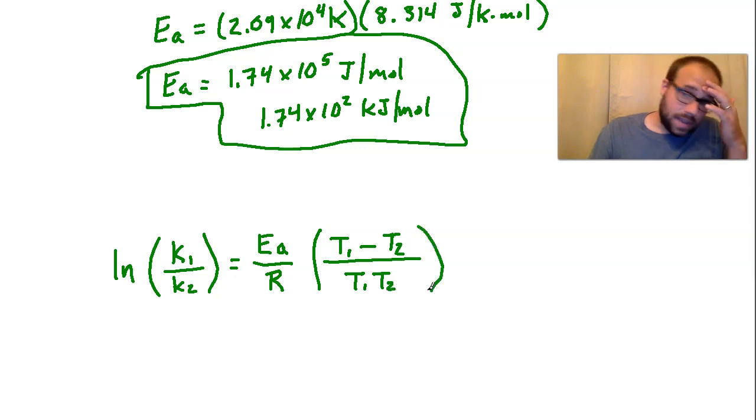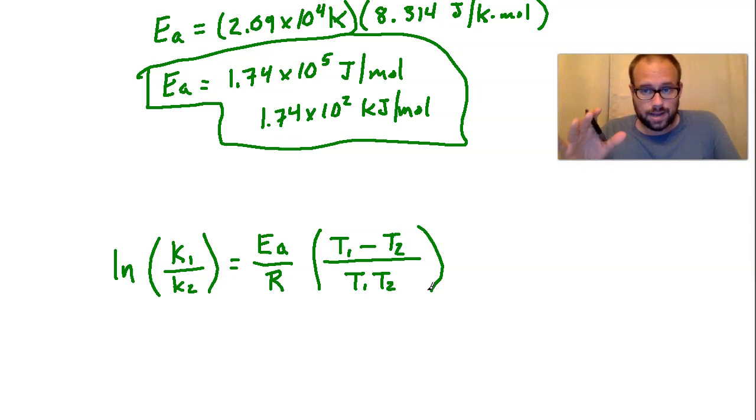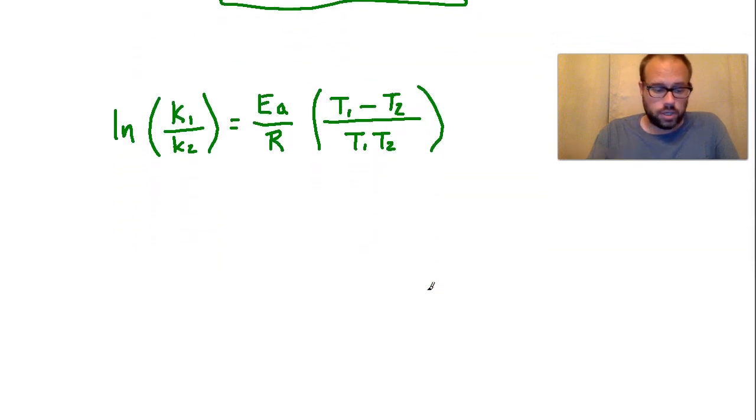Okay, so what this allows us to do when we have an equation like this is we can say, here's a rate constant for a reaction at a specific temperature. If I change the temperature to this new temperature, what would the rate constant become? So you can predict how the rate constant is going to change when you start changing the temperature.